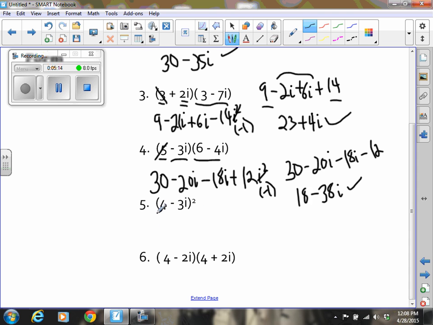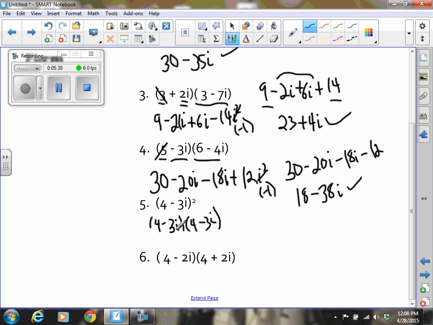When I have a power of 2 on a complex number, that doesn't even look like multiplication, but I need to remember what a power of 2 means. That means 4 minus 3i times itself, 4 minus 3i. And now I'll follow the same process that I did in number 3 and number 4.